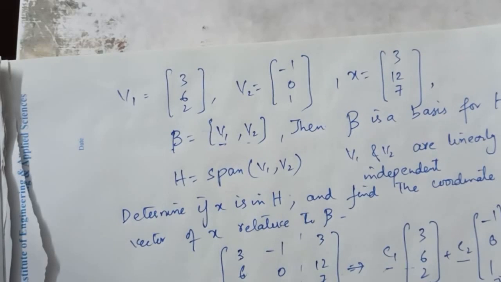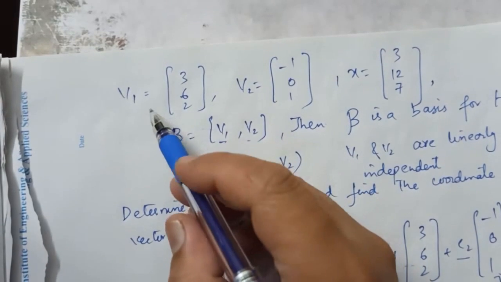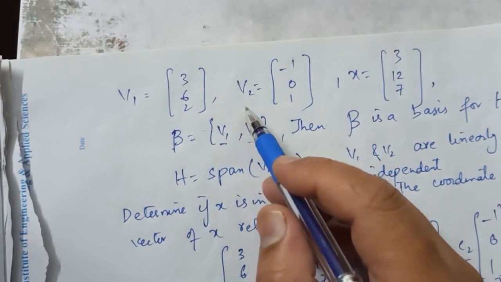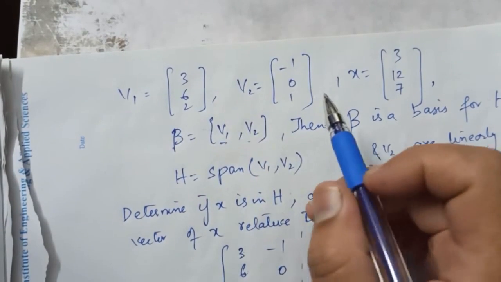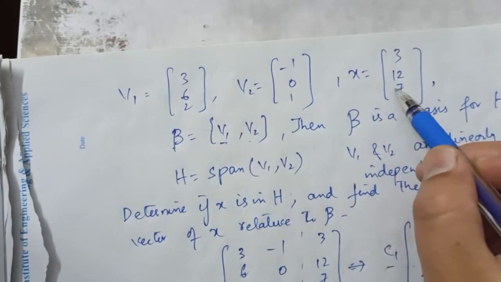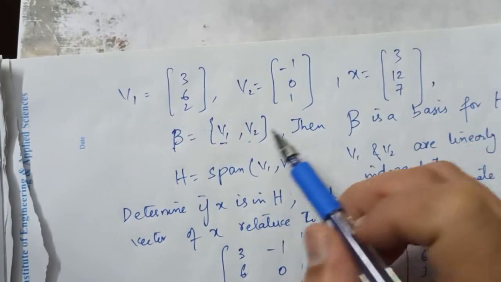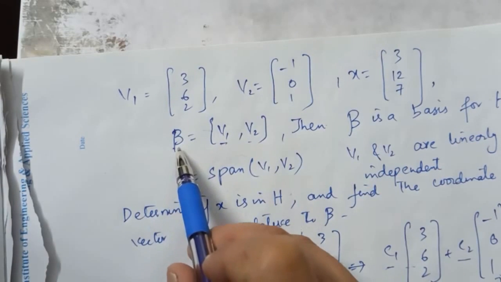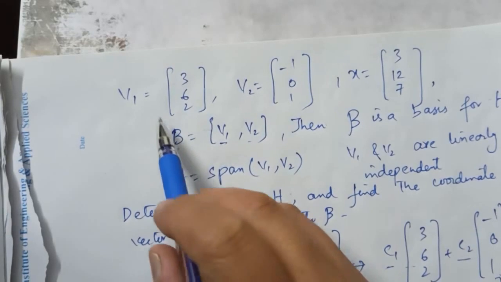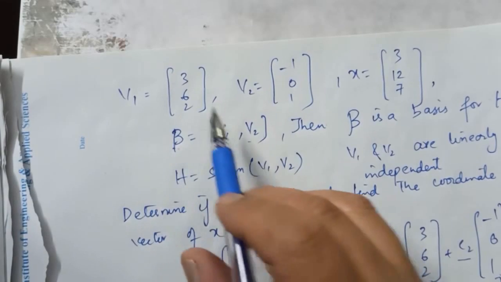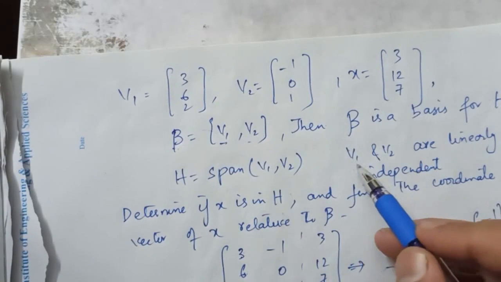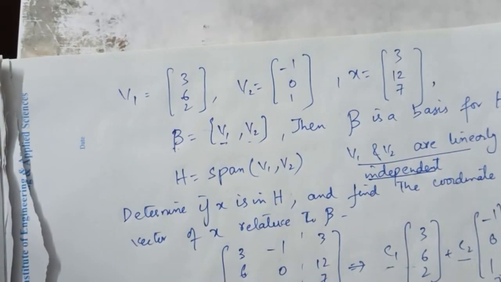Okay, now let's say we have the vectors v1 and v2 and there is a vector x, which is 3, 12 and 7. Now B is the set containing v1 and v2, of course. Then v1 and v2 are actually linearly independent.